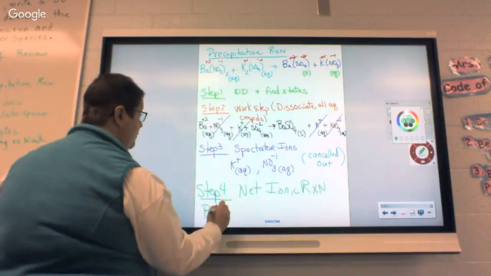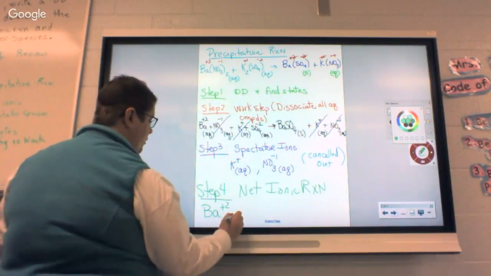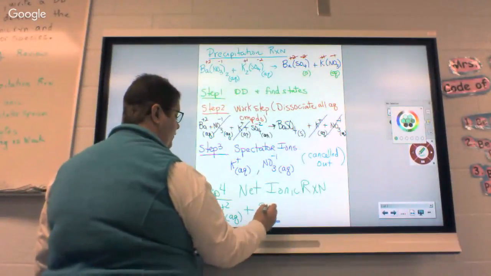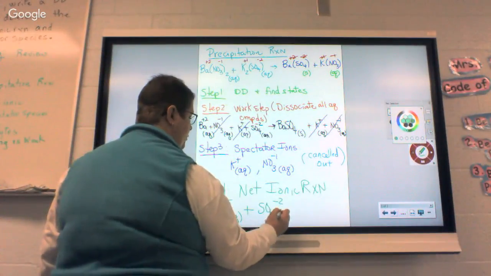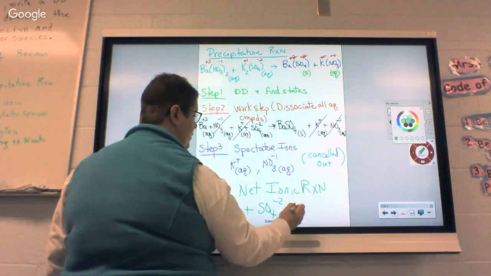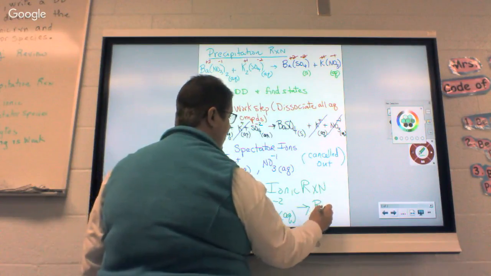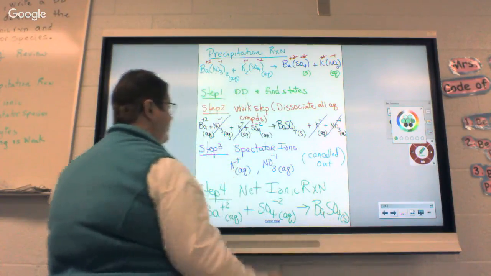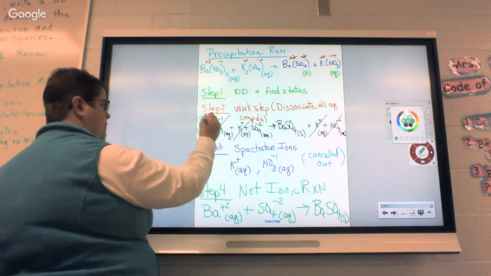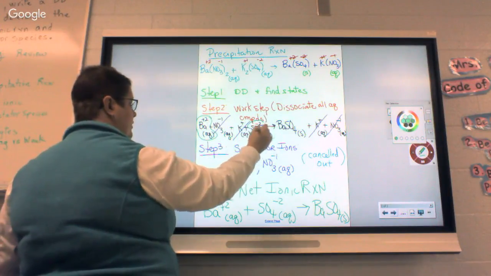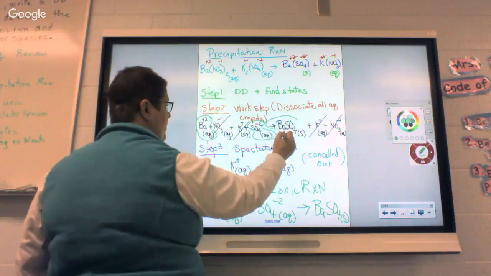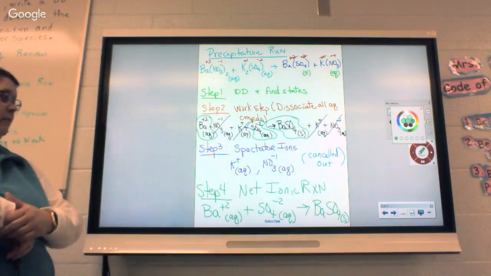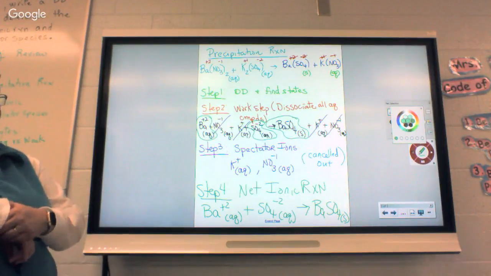The Ba plus 2 aqueous plus SO4 -2 aqueous becomes BaSO4 as a solid. This wasn't marked out. This wasn't marked out. This wasn't marked out. Those are the things we didn't mark out. Those are the things I brought down.